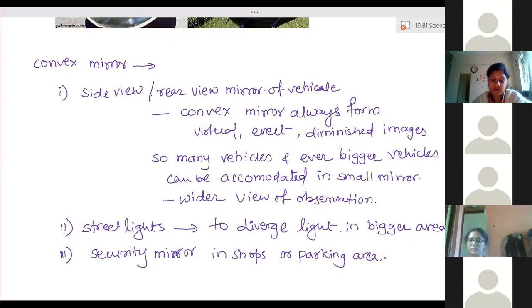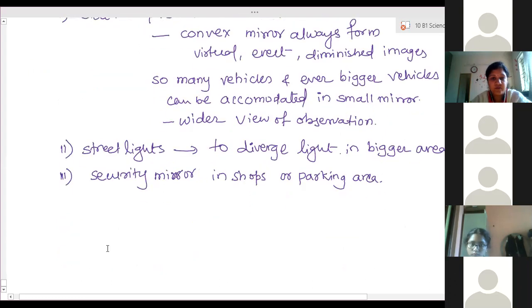At rooftops, that means at a higher position, where there is a blind spot. Where two or three roads are meeting, and you are turning back and there are two roads, at such places convex mirrors are always placed. Okay, ma'am. Parking areas also.